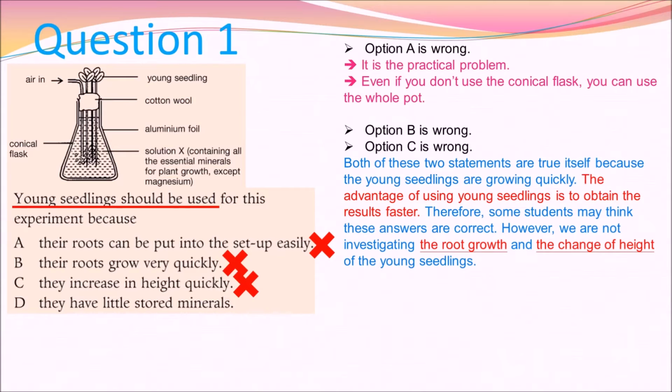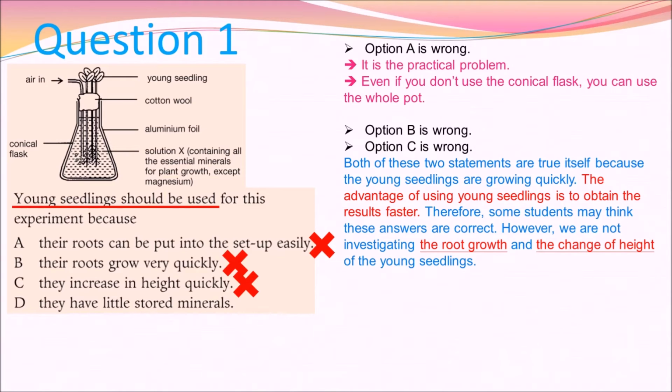And then B and C are also wrong. Both of these two statements are technically true themselves. The roots grow very quickly, yes. They increase in height quickly, yes, because they are young seedlings, just like for the teenagers, for you guys, you are growing rapidly.